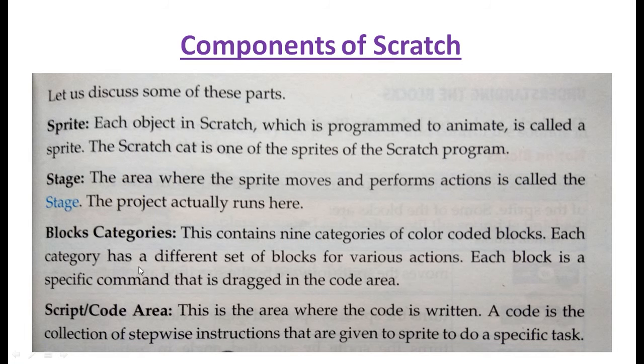Next, script or code area. This is the area where the code is written. A code is the collection of step-wise instructions that are given to the sprite to do a specific task.